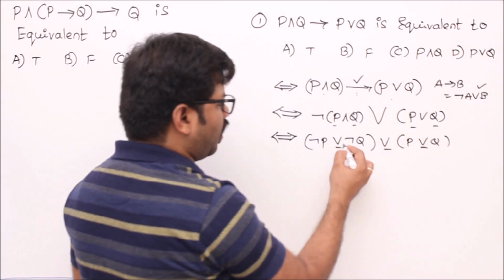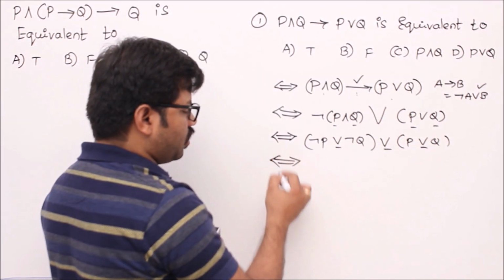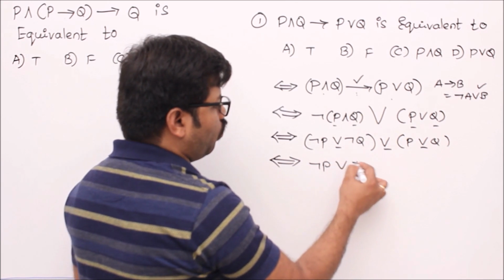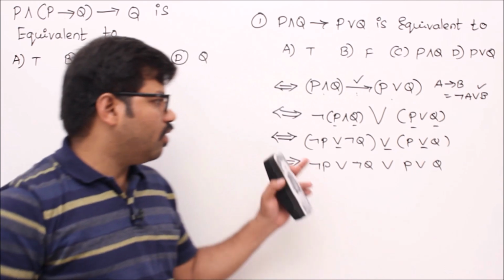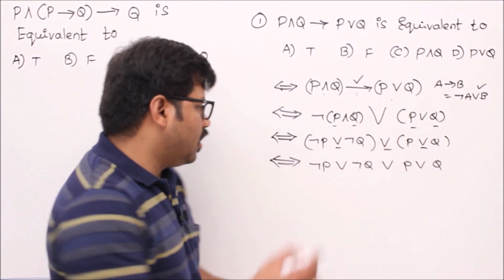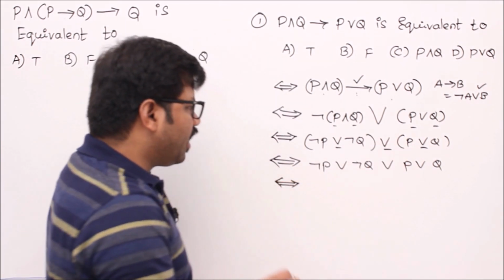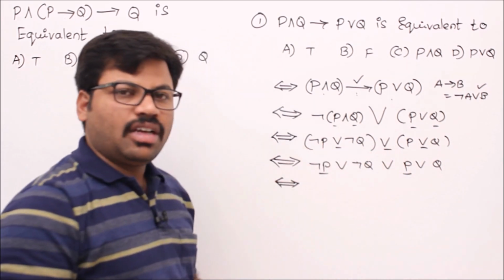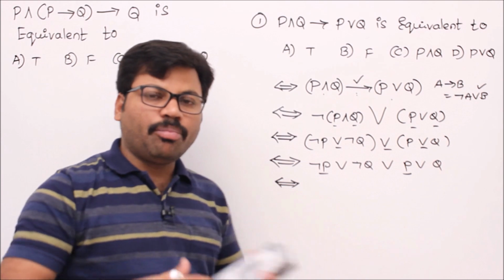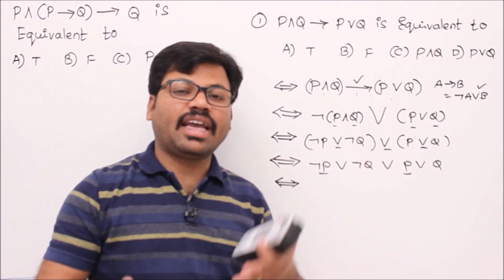Since all are OR operators, which are associative, I can remove the priority braces. Like, you end up without braces, isn't it? Now my target is, I have a variable P and negation P, isn't it? I want to combine them, bring them together so that they will be cancelled.